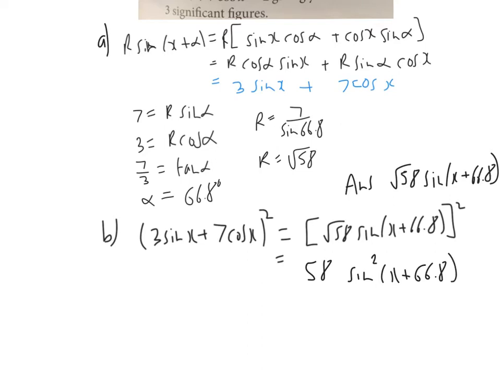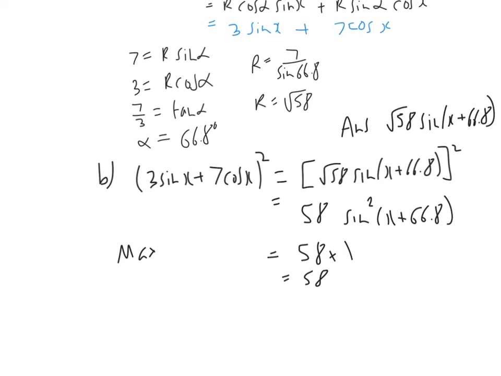Now the greatest value, or the maximum value, is when the sine function is equal to 1. That's the maximum it can be. So 58 times 1, or 58. And that is when sin(x plus 66.8) is equal to 1.